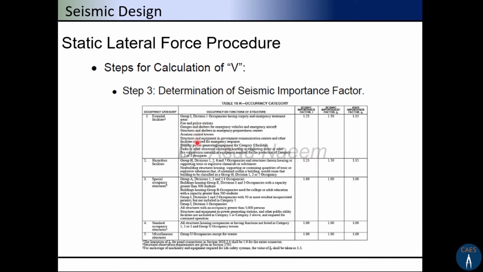And then we have other essential facilities. They should also be designed for a higher importance factor. So after selecting the building type, you can calculate the I factor to evaluate the base shear of the structure.